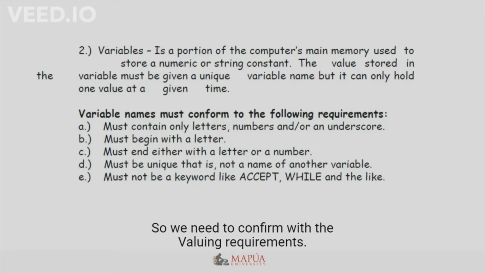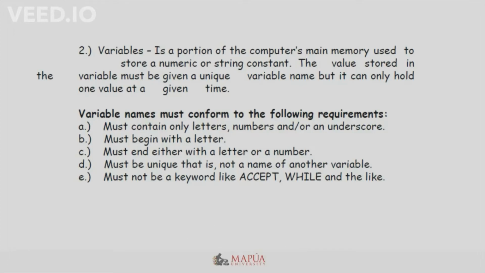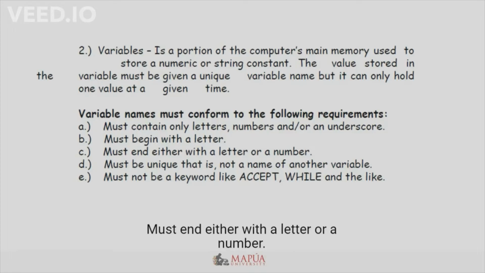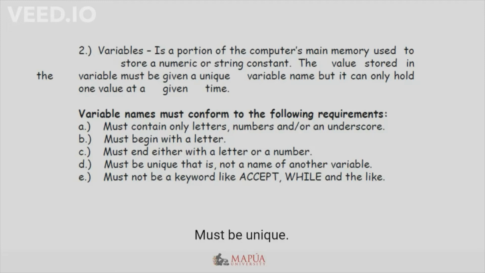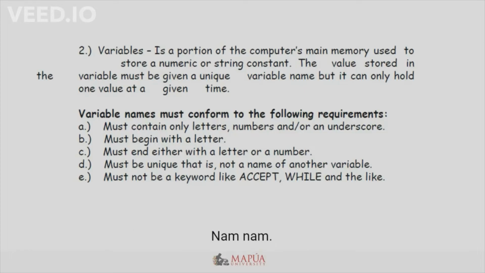We need to conform with the following requirements. Number 1, or letter A, it must contain only letters, numbers, and or an underscore. And it must begin with a letter, must end either with a letter or a number, and must be unique, that is, not the name of another variable. Let's say, for example, you created two variables named num, num. That is invalid. So we need to name them as uniquely as possible.